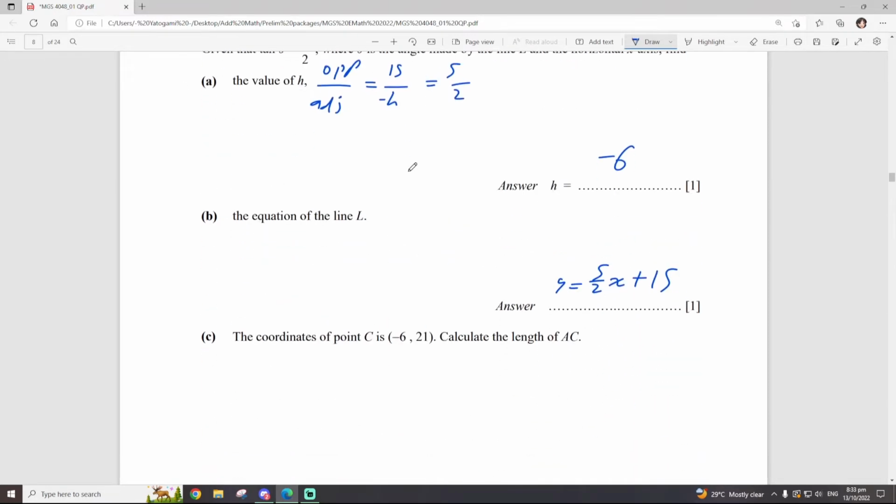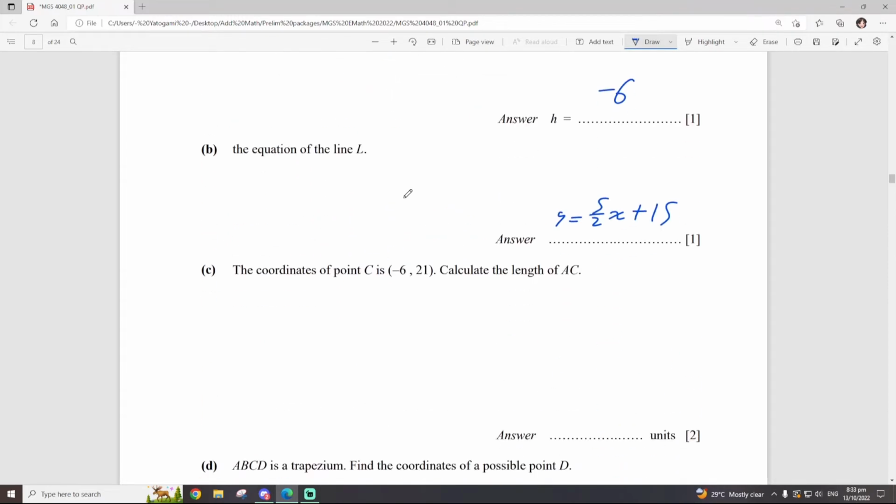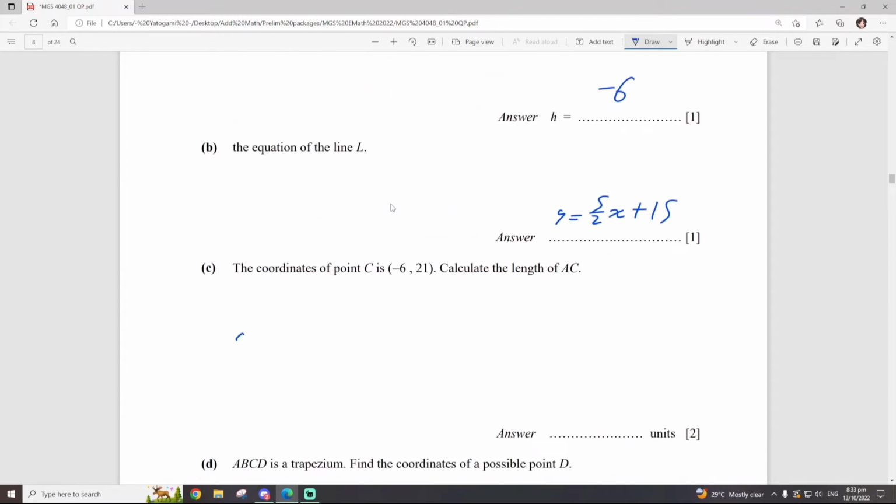Okay, calculate the length of AC, very standard. So apply the length formula, square root of, so let's pick C first. So (-6 minus 0) squared plus (21 minus 15) squared, right? Okay, and this is square root of 72.